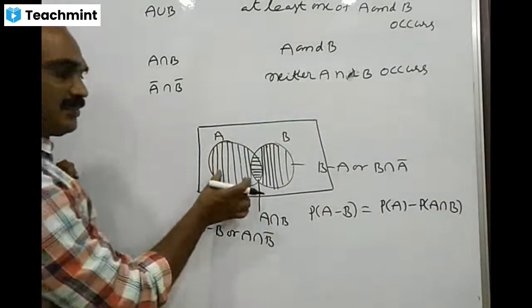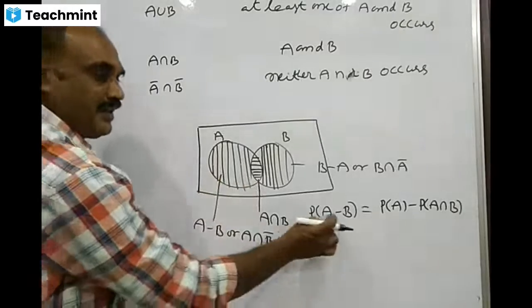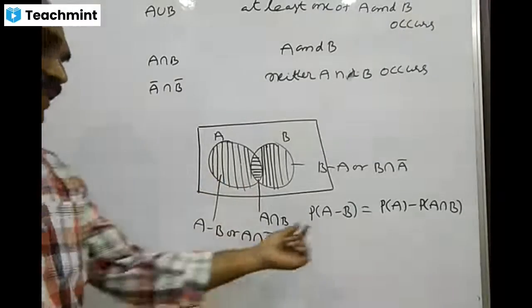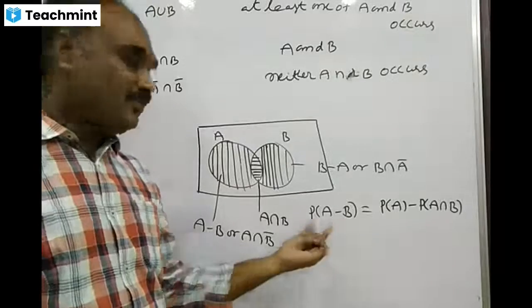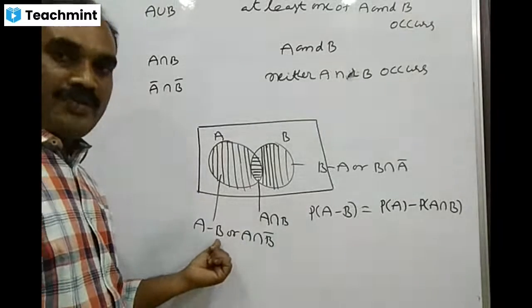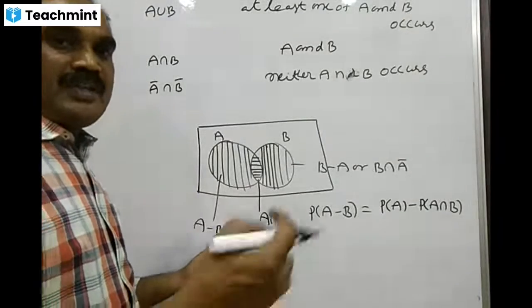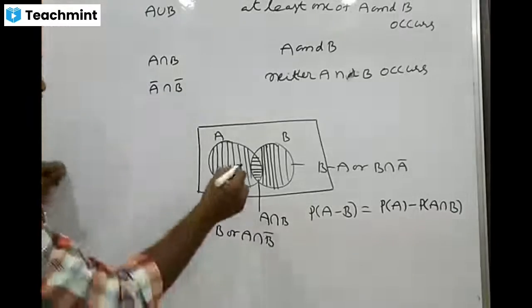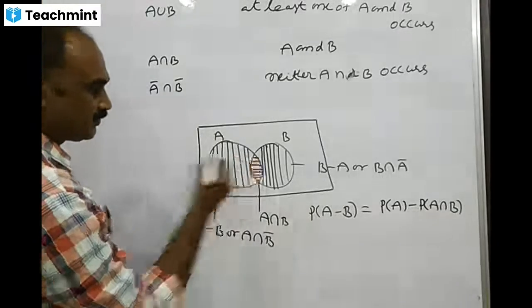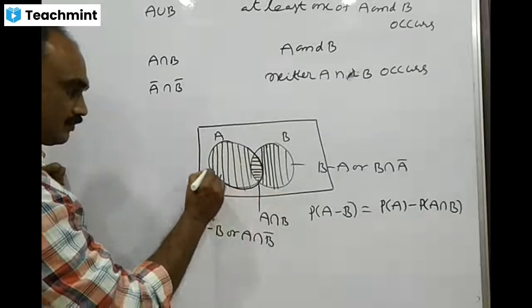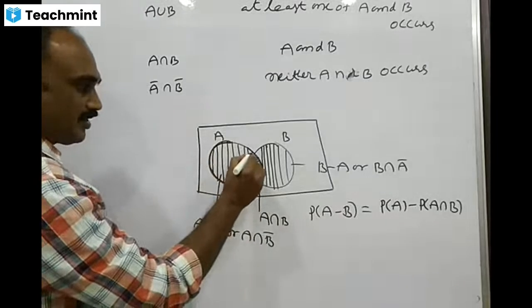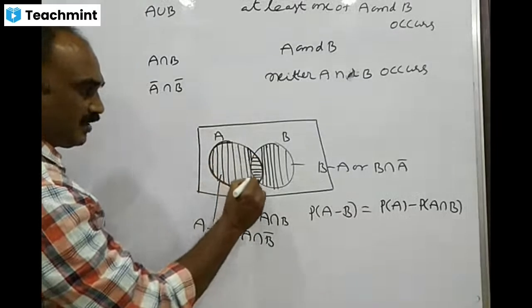So this is A minus B. A minus B means from A we have to remove A intersection B. This part is removed. This total set is A, but this is the A minus B portion.